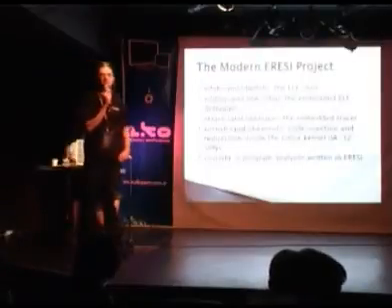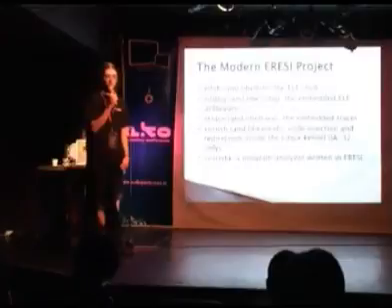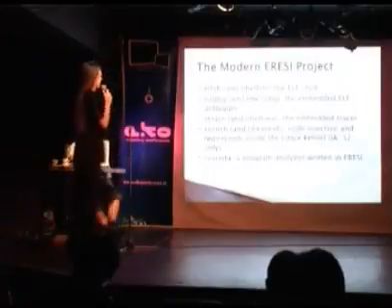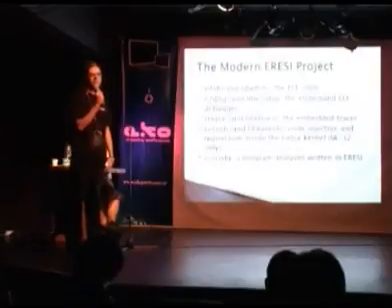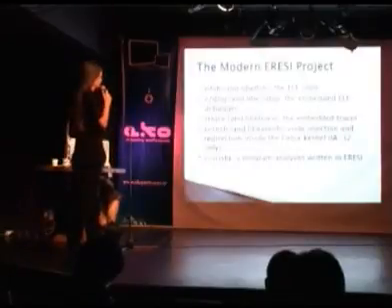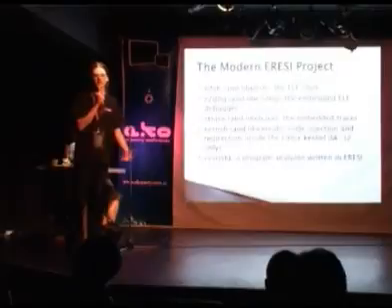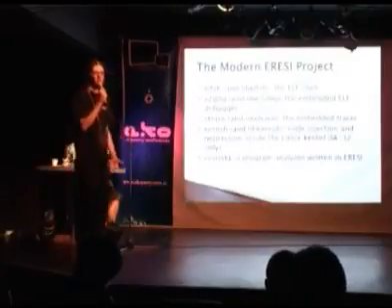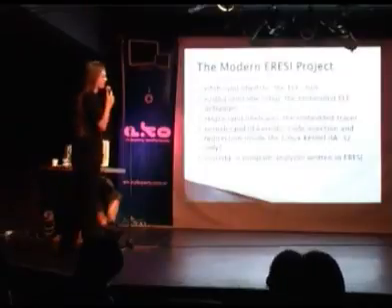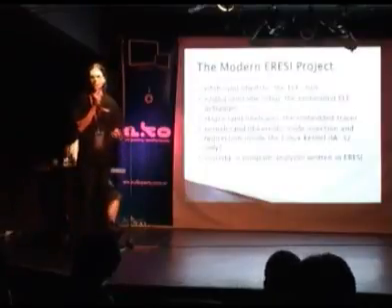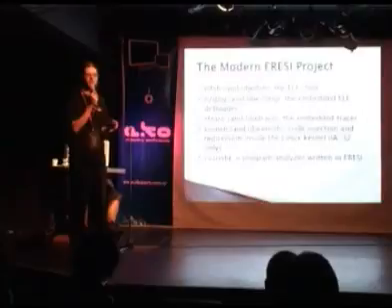So this is the structure of the modern ERC project, which started just with the ELF shell, which is the best known application. Before ERC became the ERC project, it was basically the ELF shell project. The ELF shell is an application to manipulate binaries.